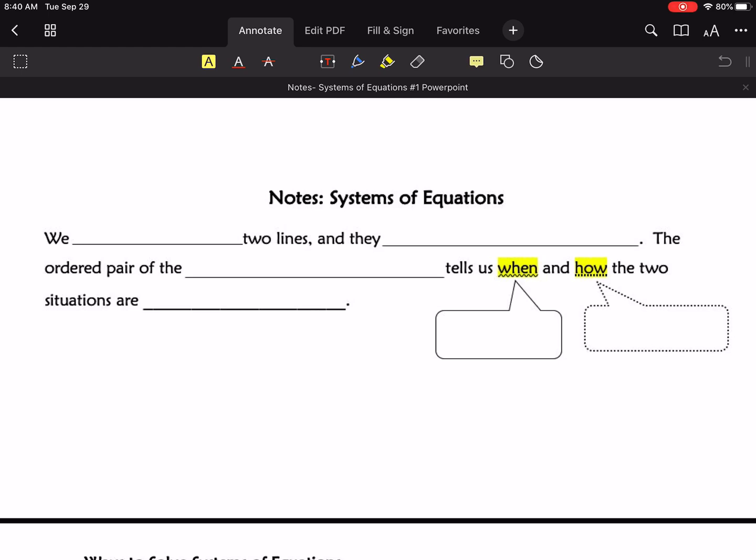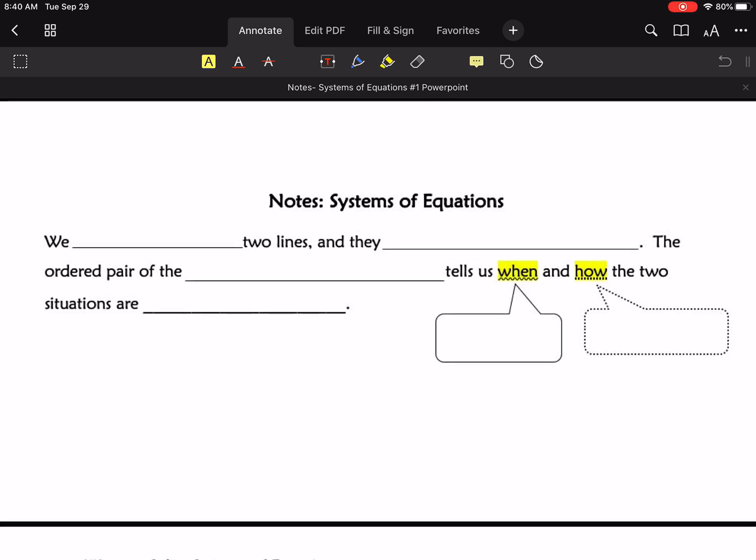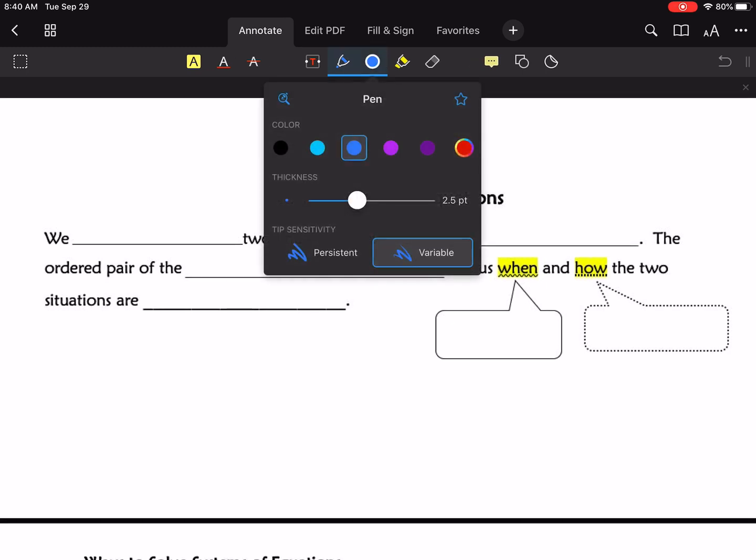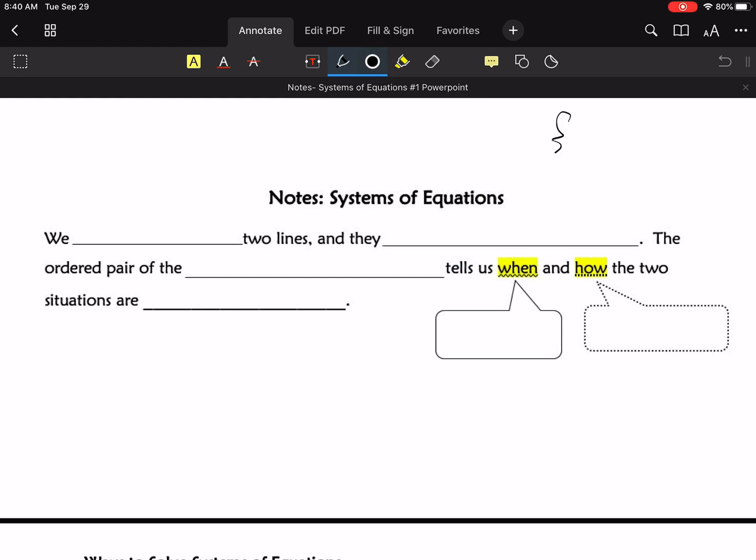So today we're going to look at different ways to solve systems of equations. So a system of equations is something that looks like this. All right, so we're going to have two equations.